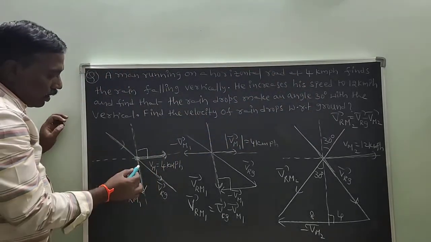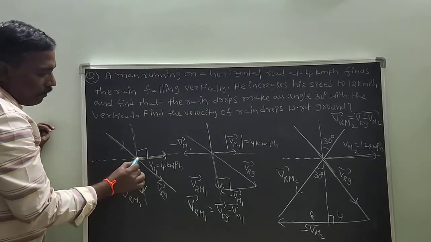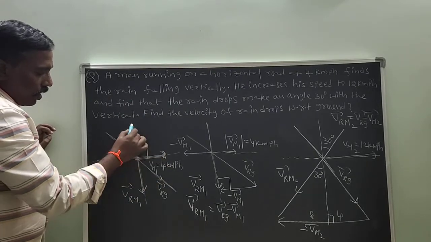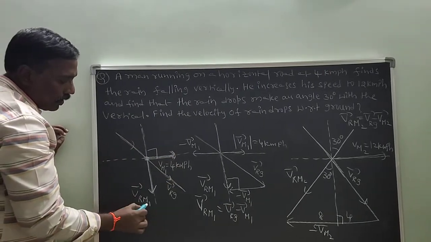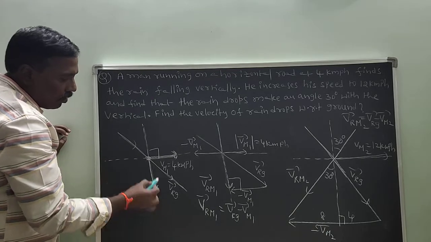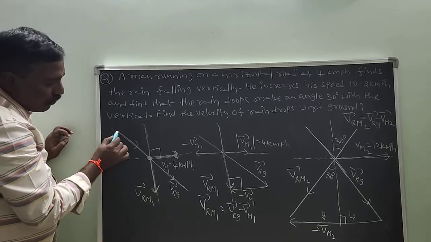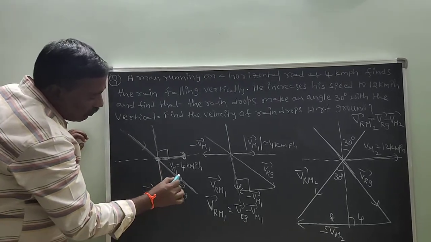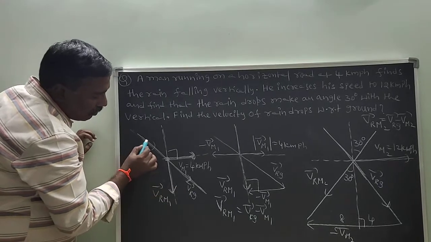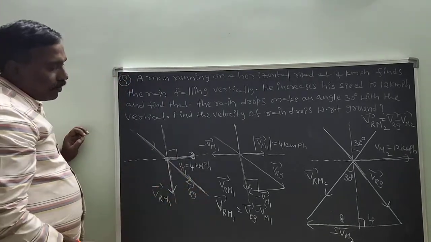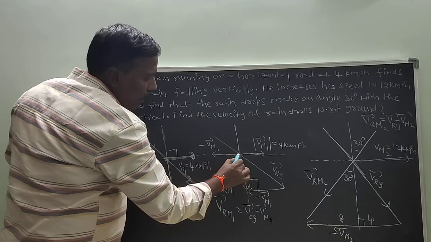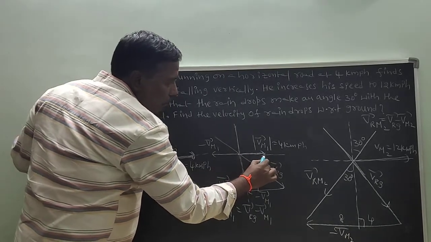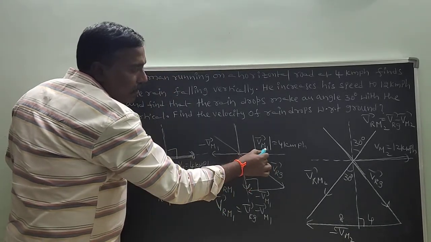Here, this is the first case. Man velocity is 4 kmph. Velocity of rain with respect to man is vertically down. Or suppose you take velocity of rain with respect to ground like this. In the final diagram, this is Vm1 bar, velocity of man with respect to ground.